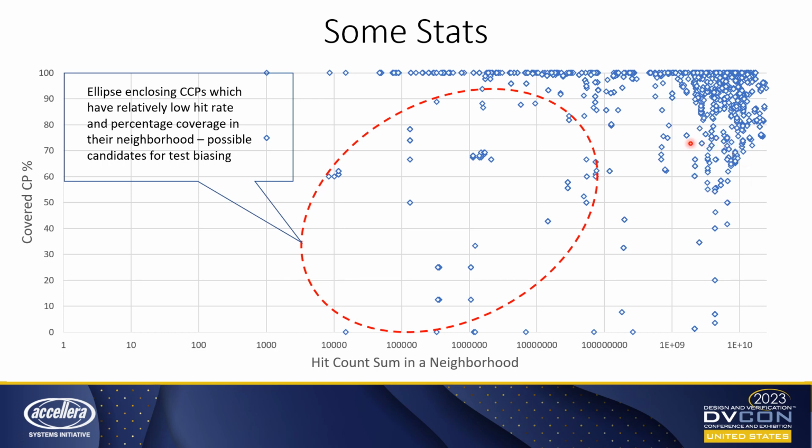The intent of the GraphCov approach is not to focus on these points, but to focus on points located in this ellipse, where the CCPs have relatively low hit count in their neighborhood and also relatively low cover percentage in their neighborhood. The idea is that if we can somehow bias tests towards these CCPs, then by increasing the hit count in their neighborhood, we might be able to boost the covered percentage around these CCPs and thereby hit UCPs in their neighborhood.